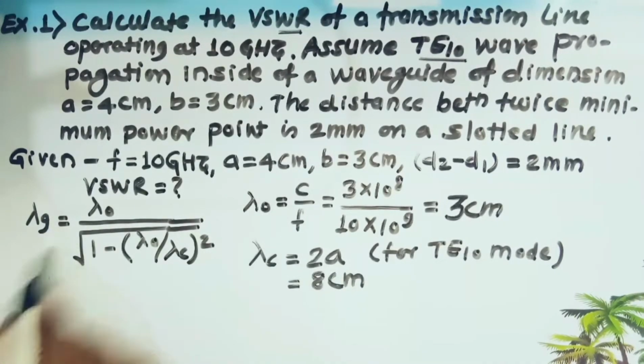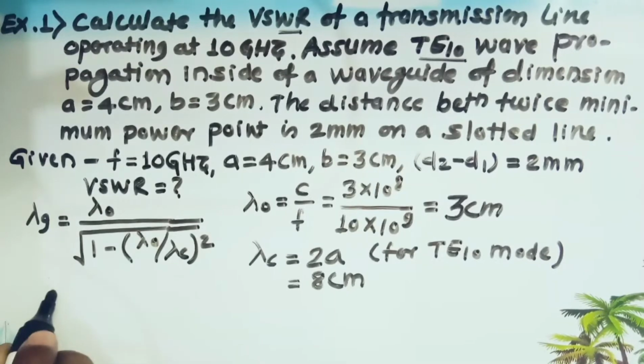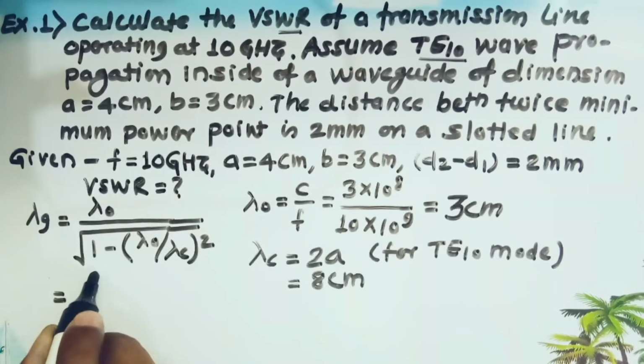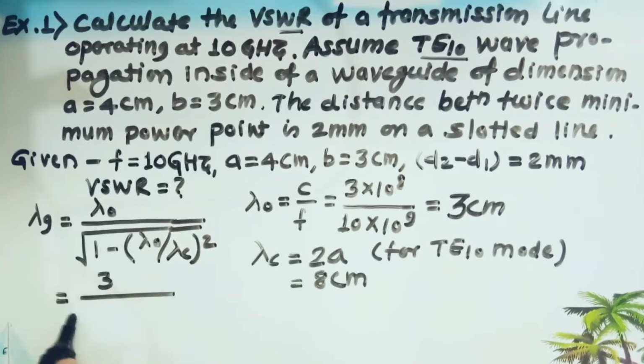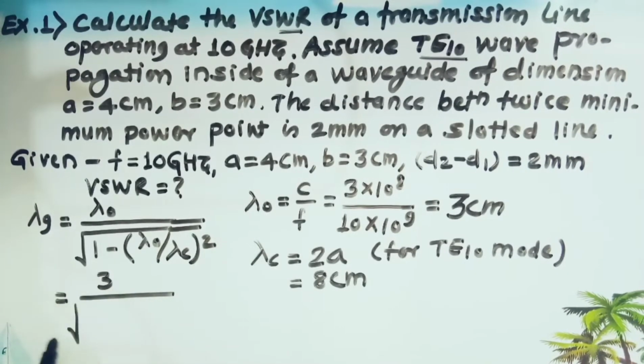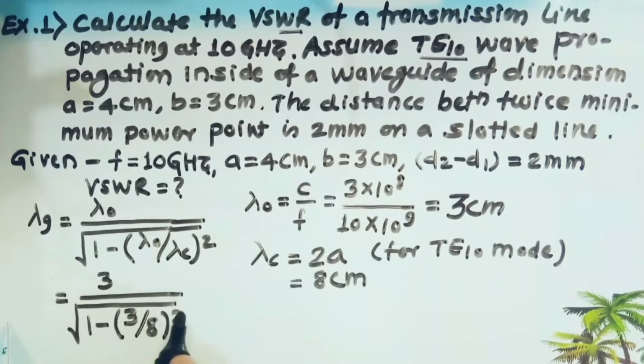Now if you put this value in this particular equation, that is 3 divided by the square root of 1 minus (3 divided by 8) whole square, this value comes out to be 3.24 centimeter. So now we have lambda g.